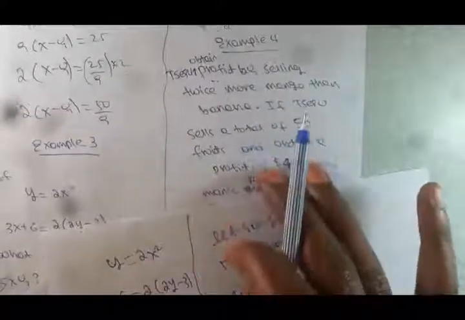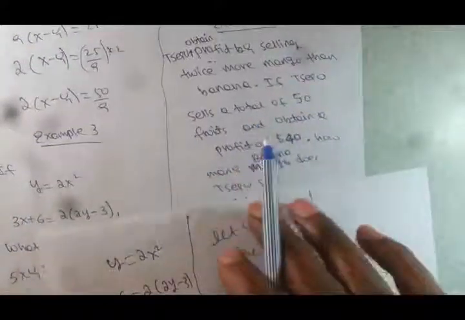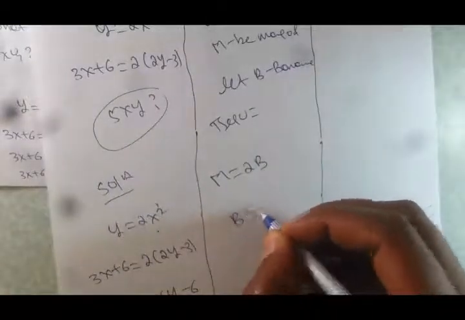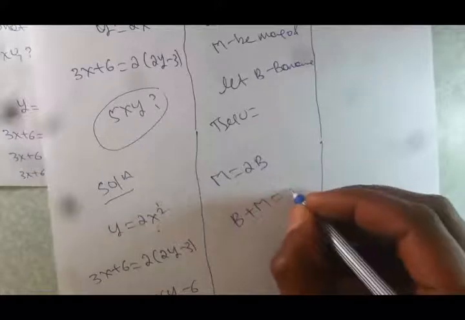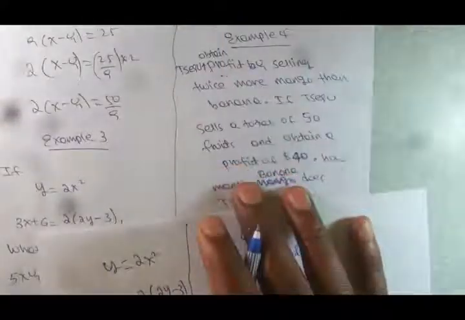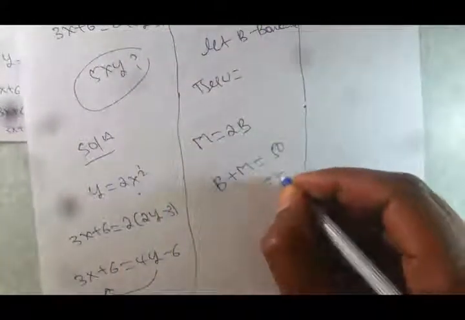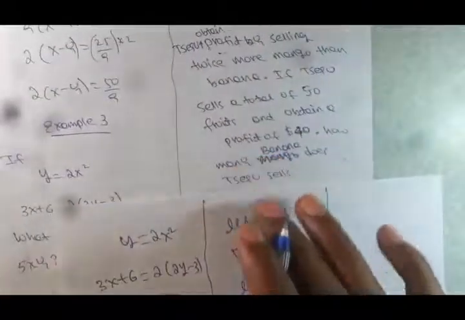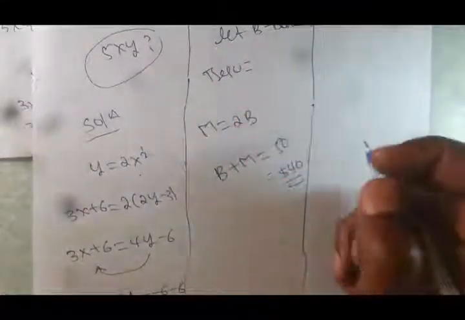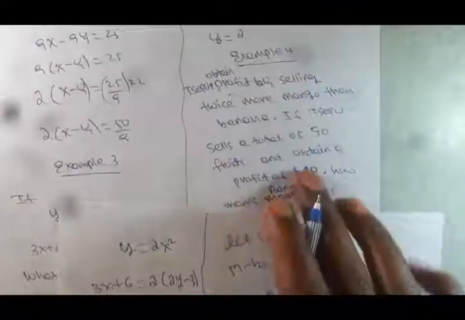If Tsagu sells a total of 15 fruit and obtains a profit of $40, so Tsagu sells banana plus mango. How many does he sell? Tsagu sells 15, and he obtains $40. $40 have been obtained by selling twice of a mango, and we are asked how many bananas does Tsagu sell.